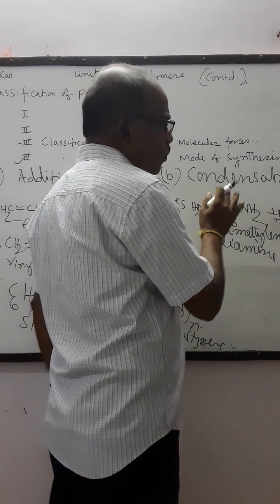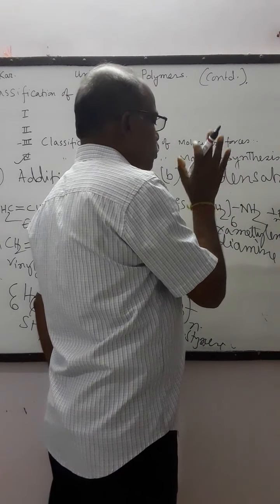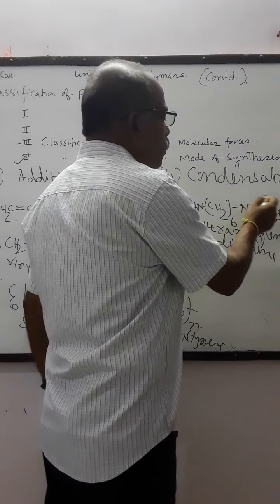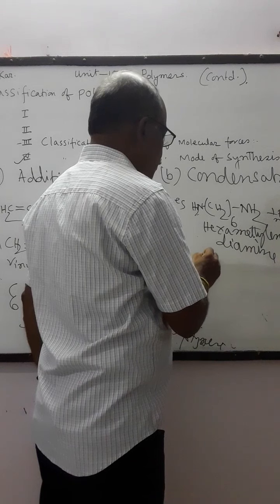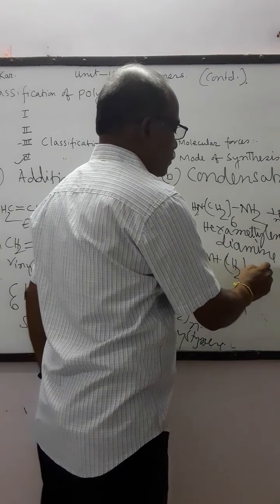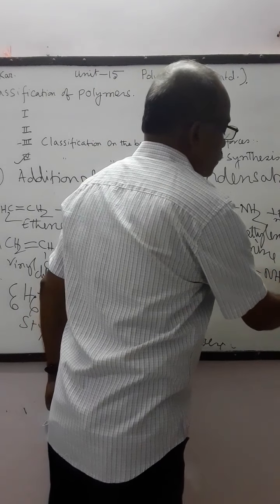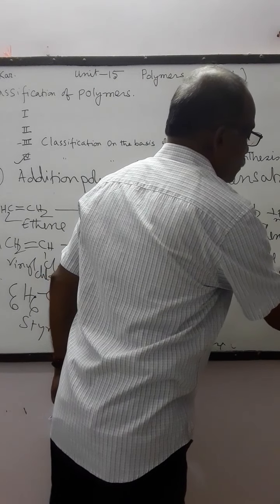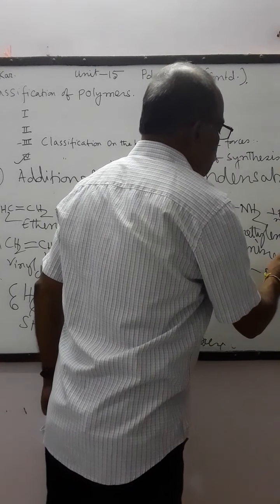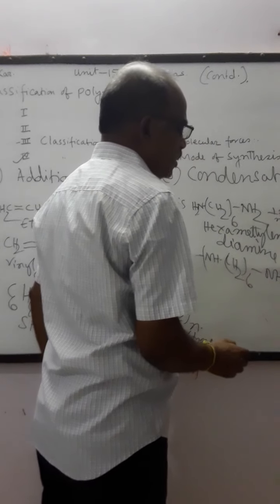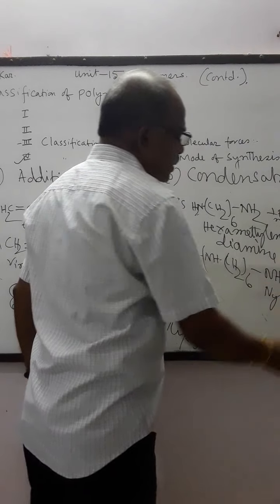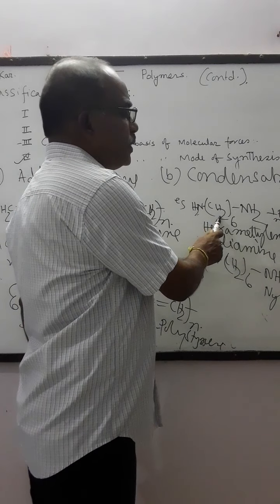So what is condition for condensation polymerization? Monomer must contain either bifunctional or trifunctional group. If condensation takes place, then this type of product is formed. In this reaction, small molecule like water is eliminated. This is formula of nylon 6,6, because this compound contains 6 carbon atoms.